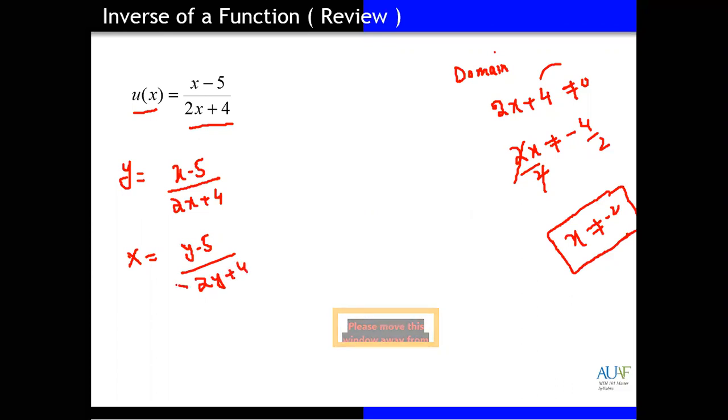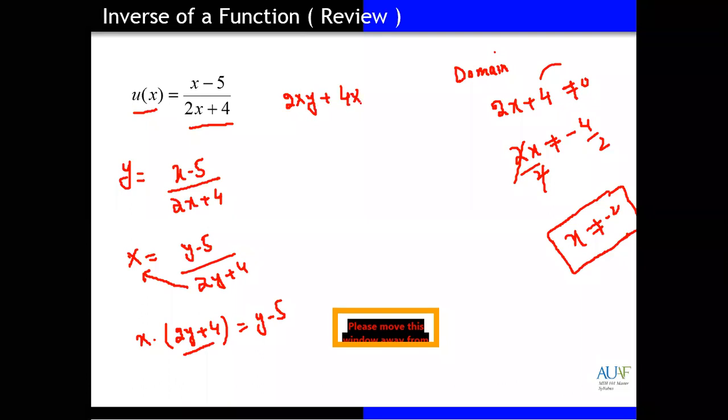Now if you multiply by 2y plus 4, x multiplied by (2y plus 4) is equal to y minus 5. x multiplied by (2y plus 4) equals 2xy plus 4x, equal to y minus 5.